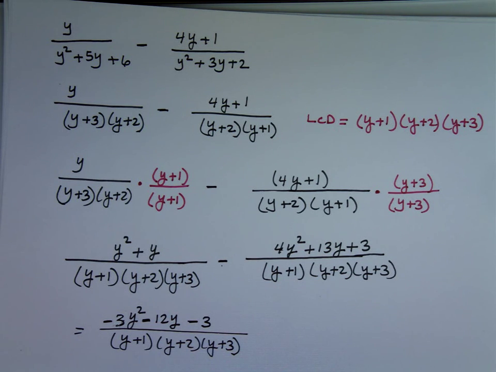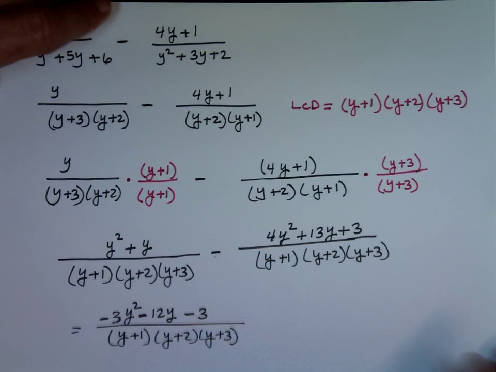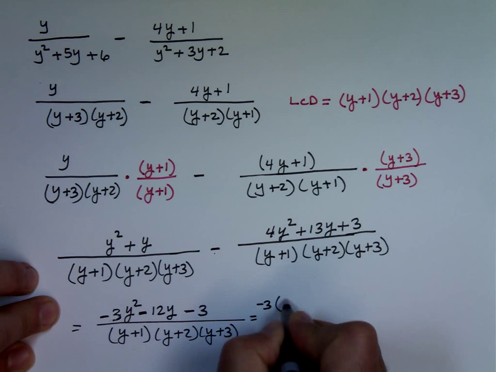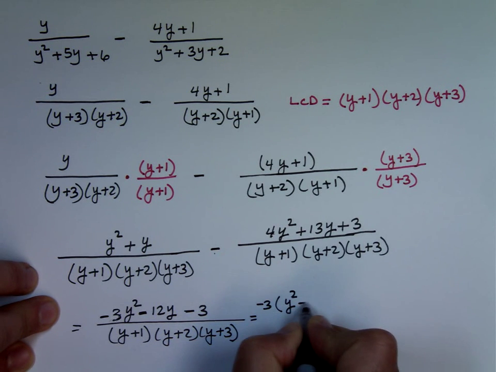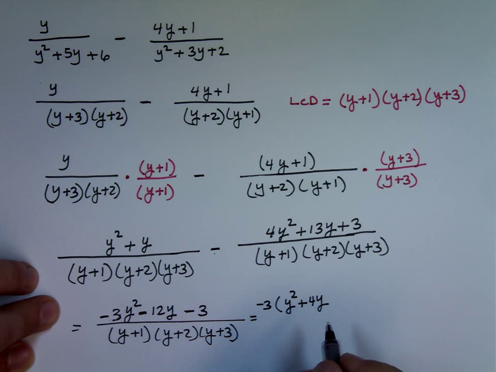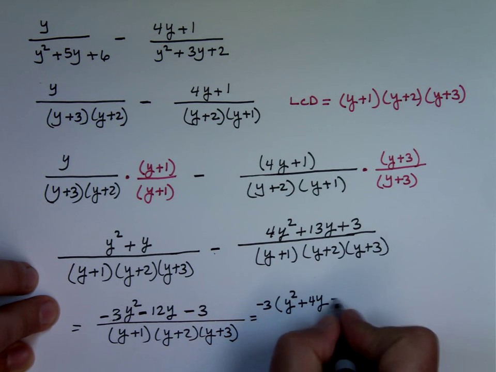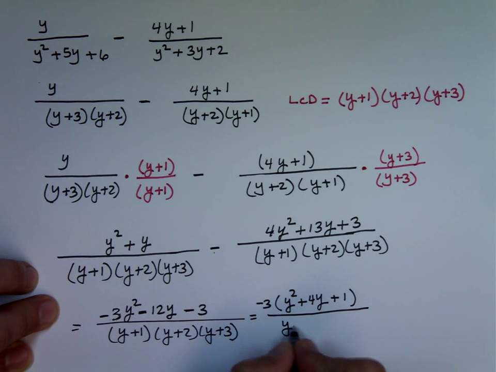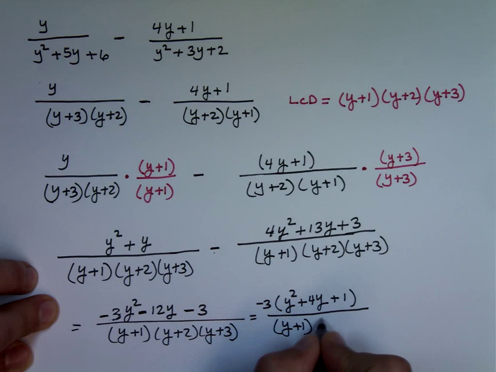And I could factor a negative 3 out of the top, and that will leave me with y squared plus 4y plus 1 over y plus 1, y plus 2, y plus 3.